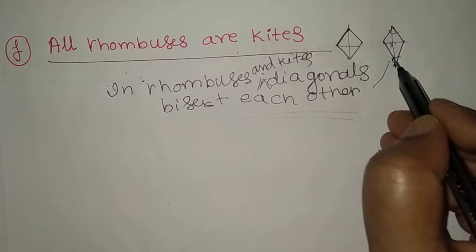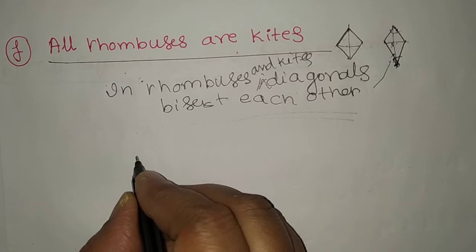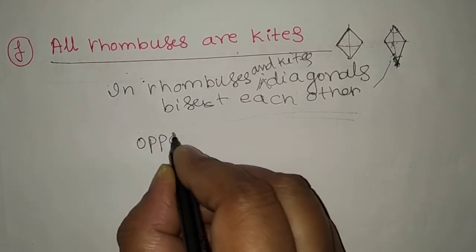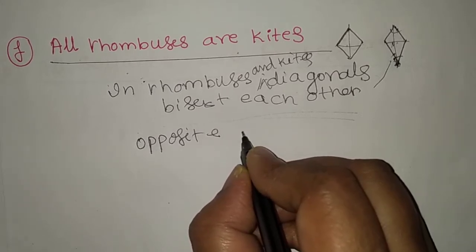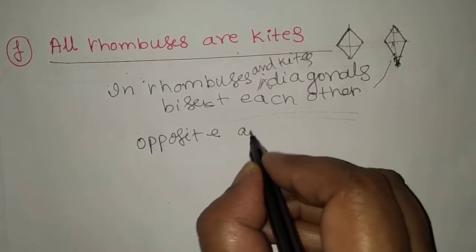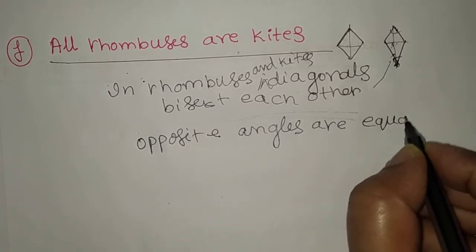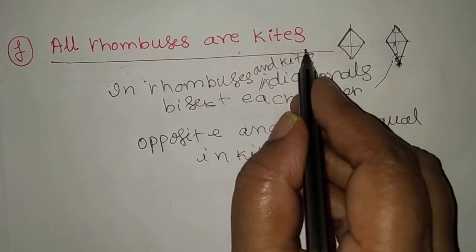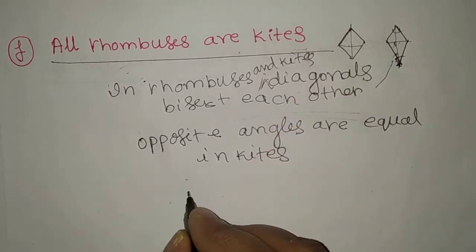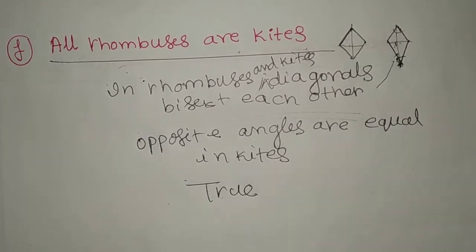So here we can see that the opposite angles are equal in a kite. So all rhombuses are kites is true. So the answer we write is true. But all kites are not rhombuses. So this is F.